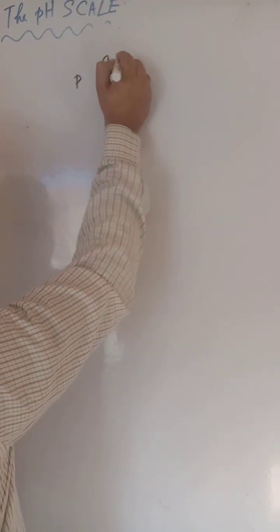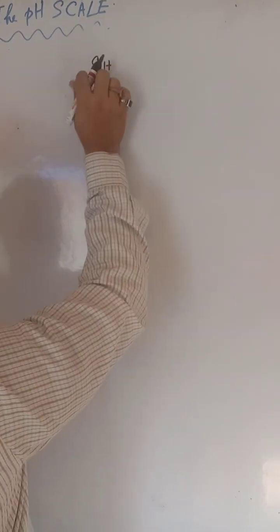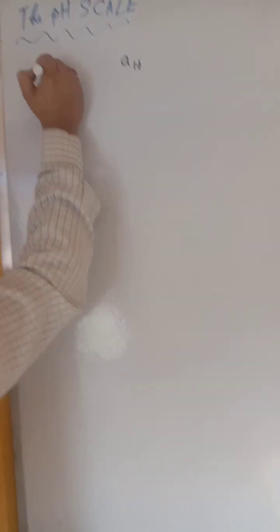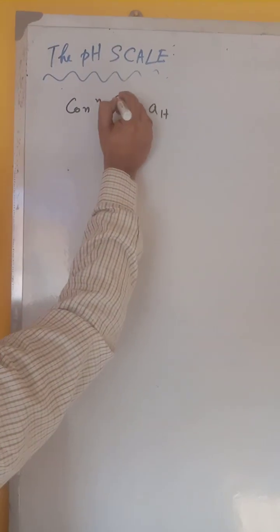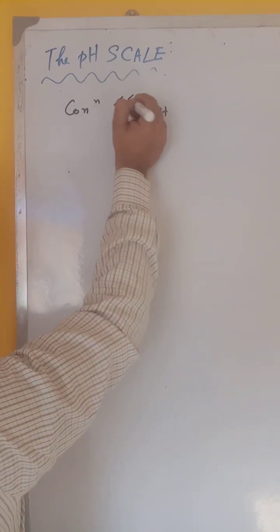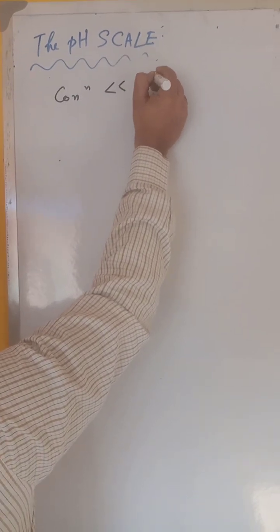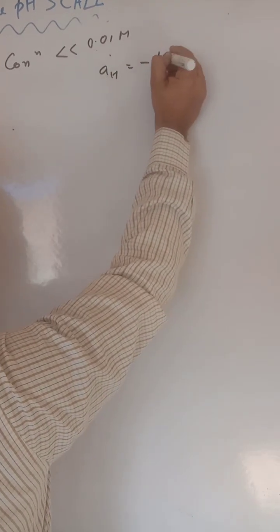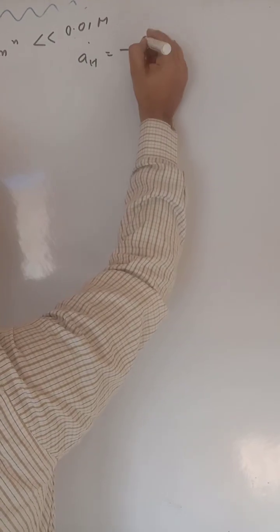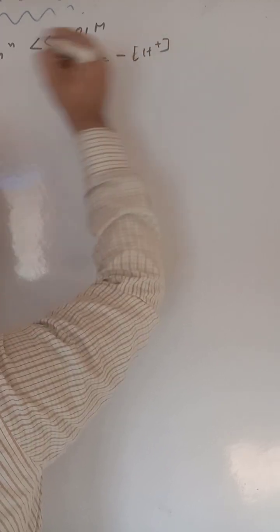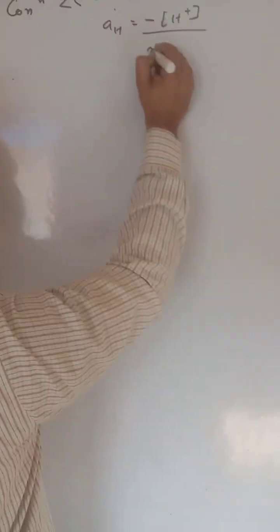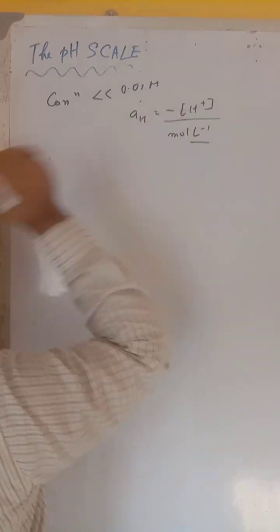Now if the sample is very dilute, that means the concentration is much lesser than 0.01 M, then we can write activity equal to the concentration of H plus. But since activity is dimensionless, we can also write the unit like this, mole per liter.